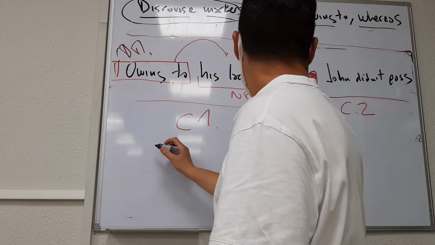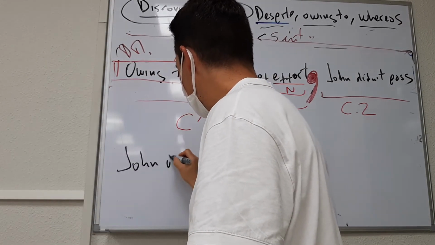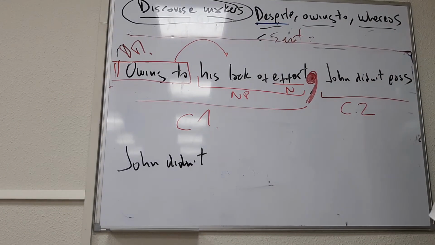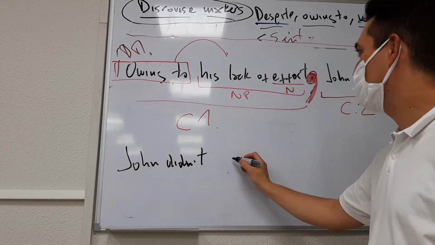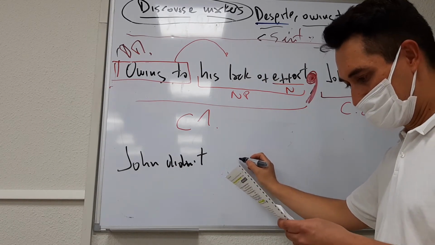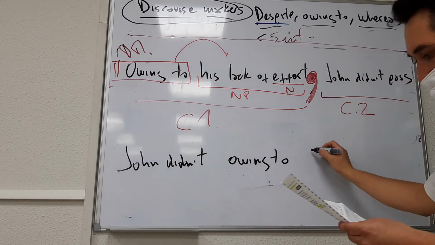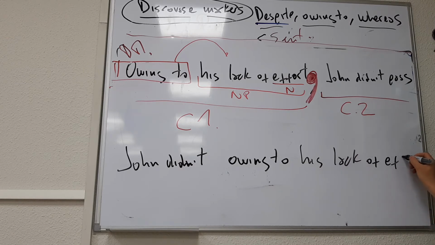Now, can we do it with the discourse marker in the middle? Let's use it with "John didn't pass." Come on, Irene, you can do it. Dictate it to me. Sorry, slowly. Okay. John didn't pass owing to his lack of effort.